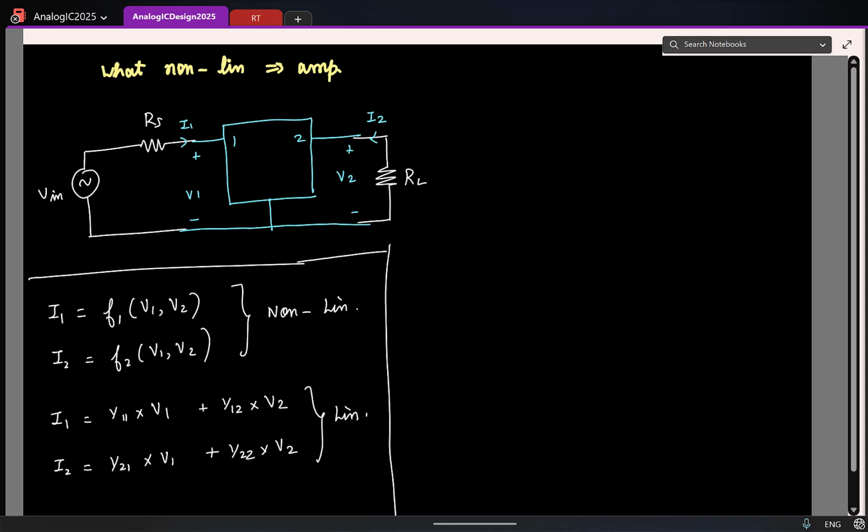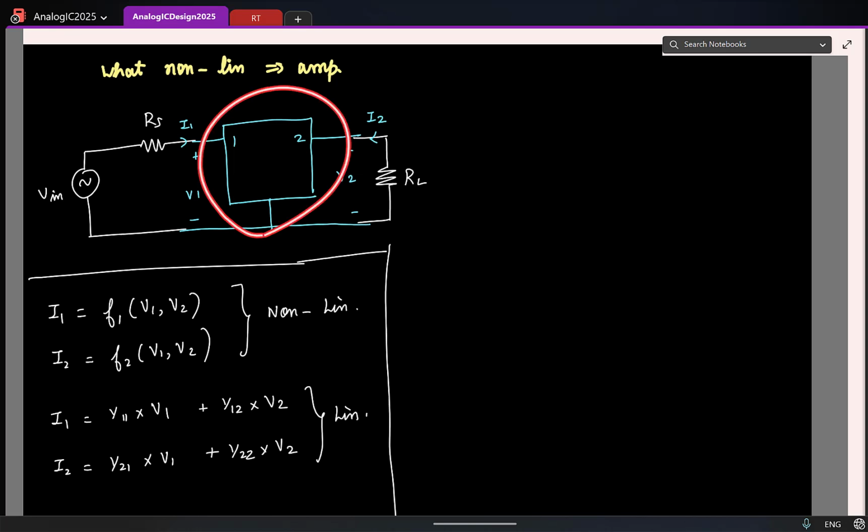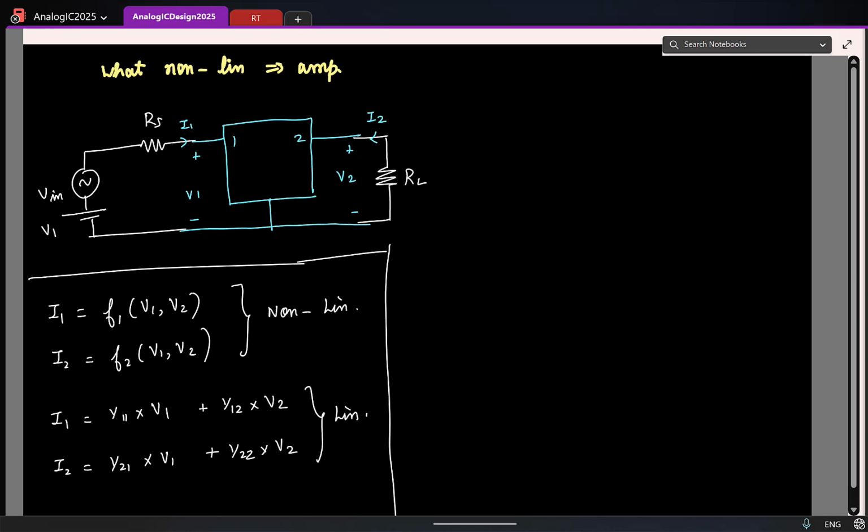But our goal is to understand what should be the nonlinear characteristics of this two-port network so that it can give me amplification. So now I know this has to be a nonlinear network, and nonlinearity alone is not sufficient. What should I give? Some DC source. So let us say I have a DC source somewhere. I'm just drawing it for the sake of representation.